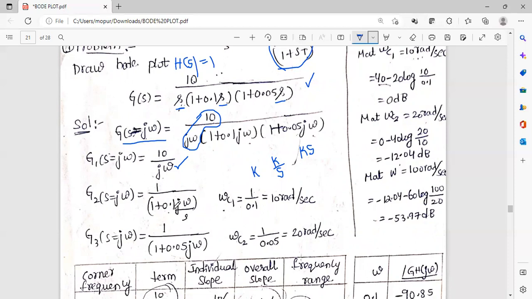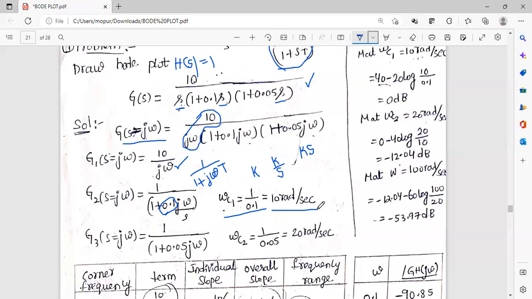See here, compare this with the standard transfer function. The standard transfer function is 1 by (1 plus j omega t). If you compare with this, you can get t is equal to 0.1 seconds. So now the corner frequency omega c1 of this term is 1 by t, that is 1 by 0.1, 10 radians per second.